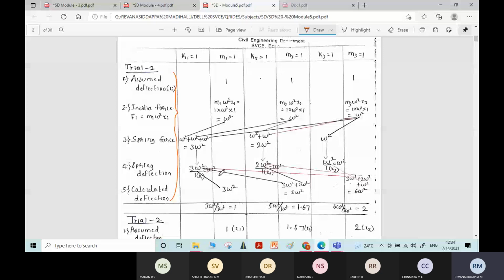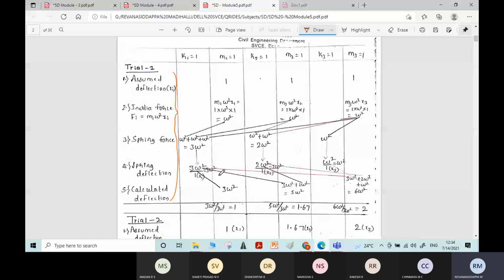For spring 1, it is the summation of total force from mass M1, M2 and M3. For spring 2, only from M2 and M3. For spring 3, only from M3.